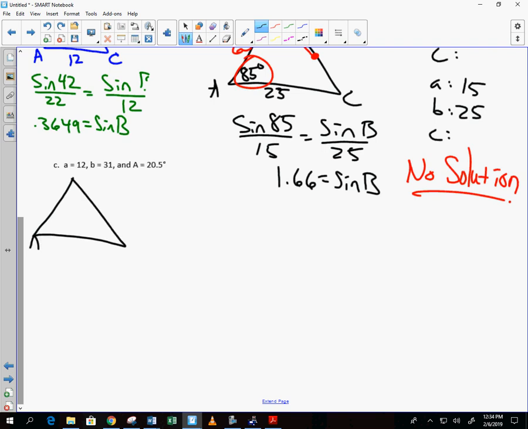One more triangle, A, B, and C. Side A is 12, side B is 31, and angle A is 20.5 degrees.